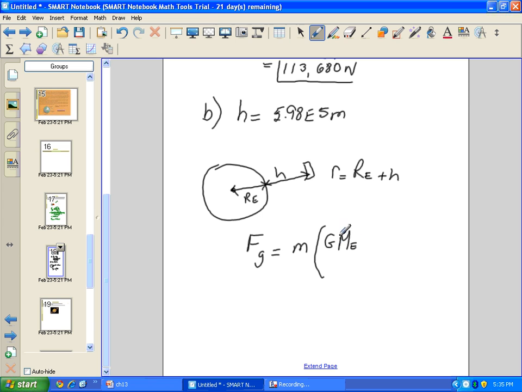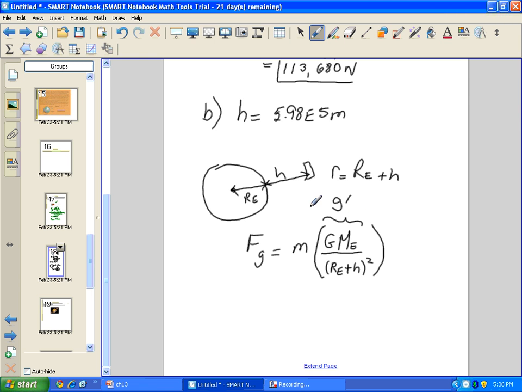And because Hubble goes around the Earth, we take the other mass to be the mass of the Earth. But instead of dividing by just the radius of the Earth, we have to divide by the radius of the Earth plus its orbital altitude. And so this becomes an effective g, which is going to be smaller than 9.8.